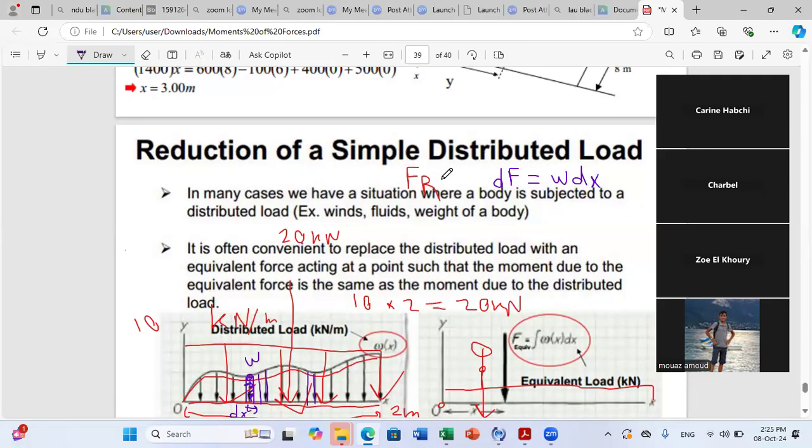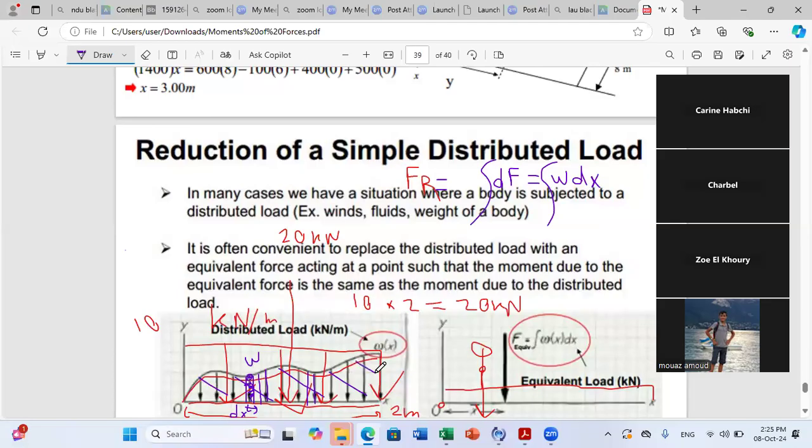So you can say that F resultant is equal to integral dF equals integral W dx. So from here, you can deduce that if you have any load acting on a line, to reduce it to a single force, all you have to do is to calculate the area under the curve, okay?